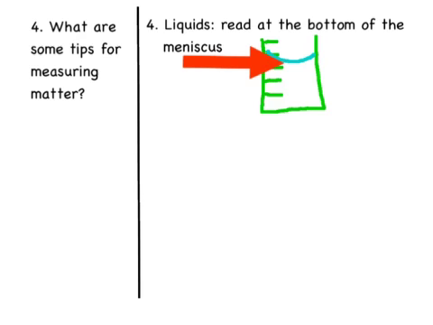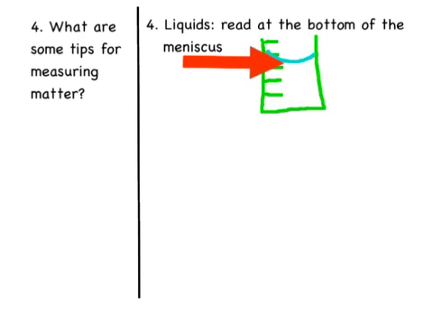Okay, our next tip for measuring matter is when you're using scales. In our labs we're going to be using digital scales, and so the next tip is when you're measuring something, you're never going to put the object or the liquid or the powder or anything like that directly on the scale. That can ruin the scale.